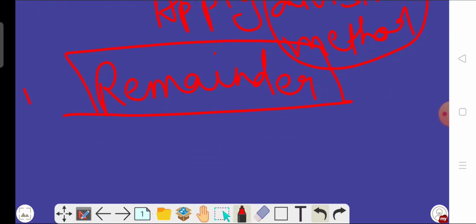Given number minus remainder. This will become a perfect square. This will convert it into a perfect square, and then after getting this perfect square number, we have to find its square root. So this is the procedure which we have to do in question number 3. Let us take an example of this question.